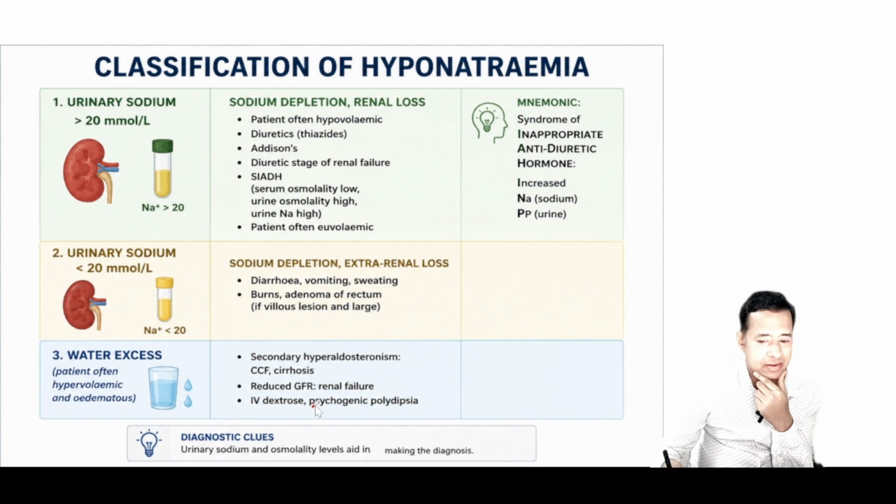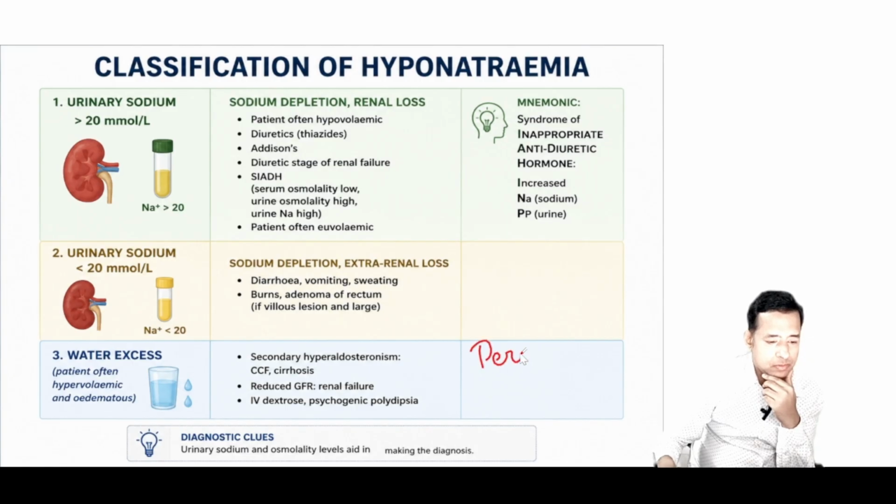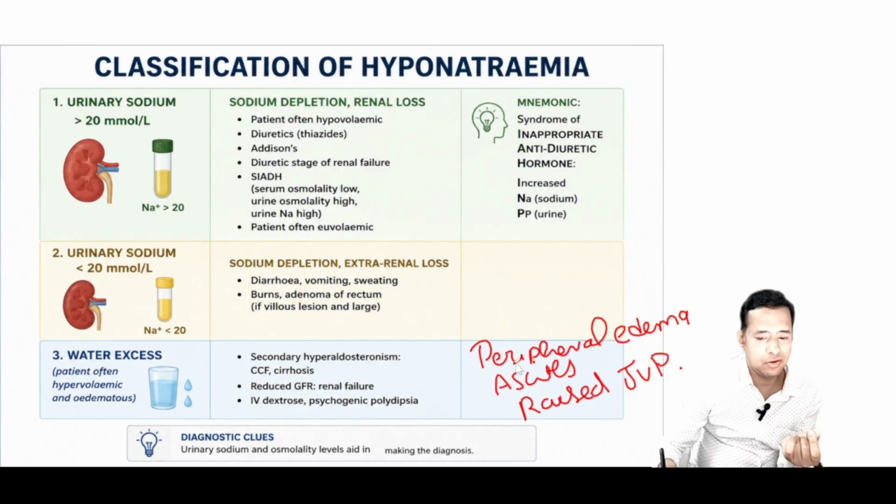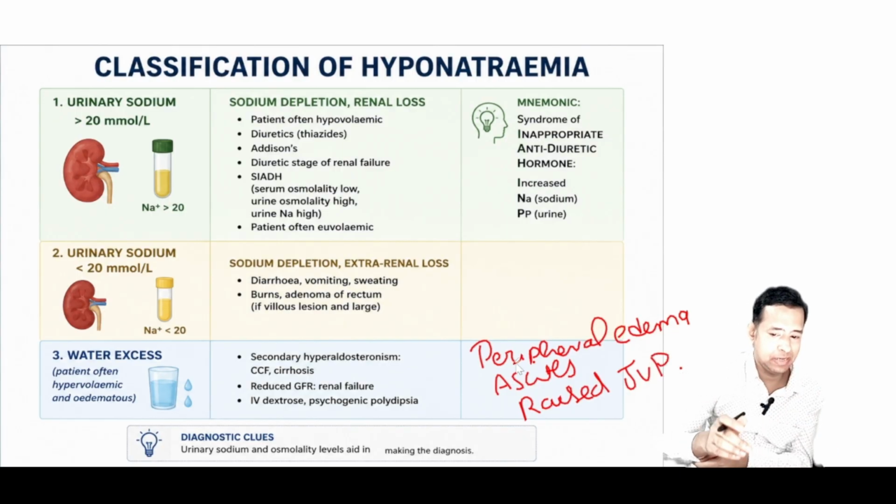And clinical clues they will give you are peripheral edema, ascites, and raised JVP. These three are clinical clues they will be giving.